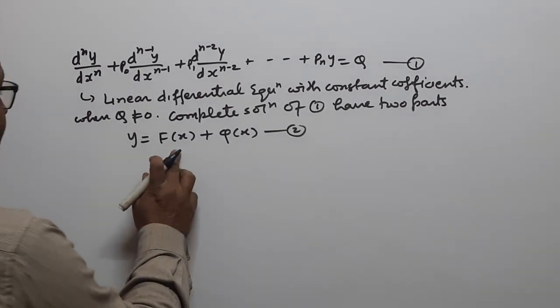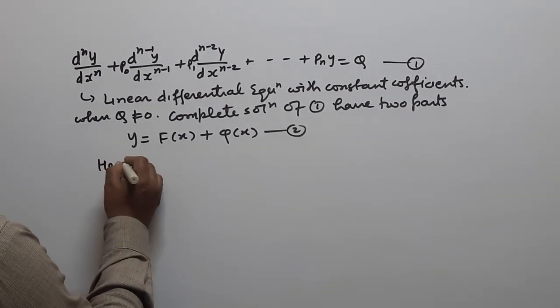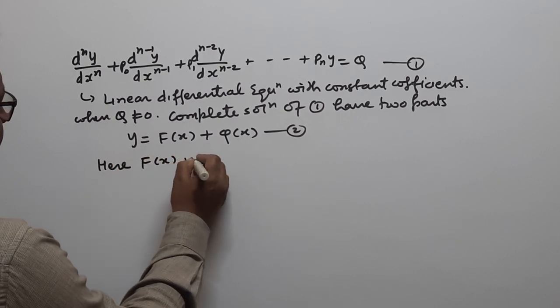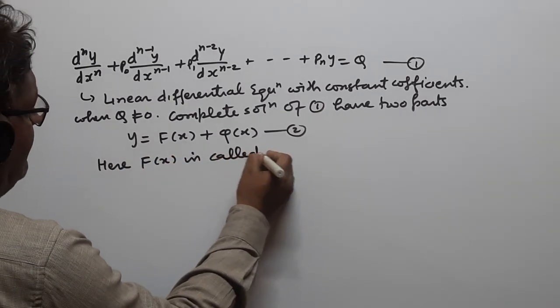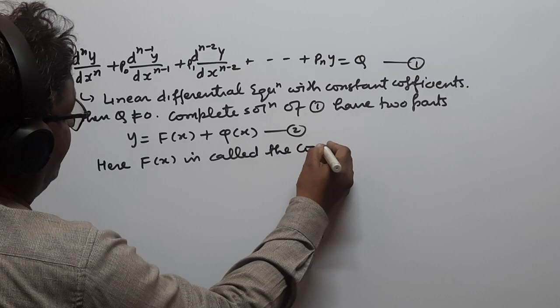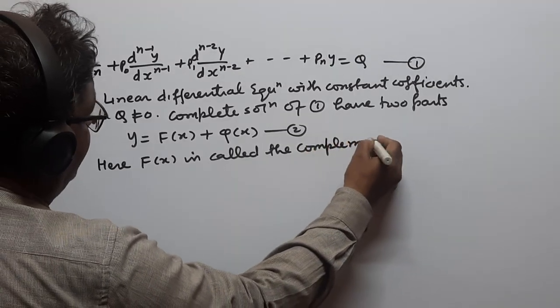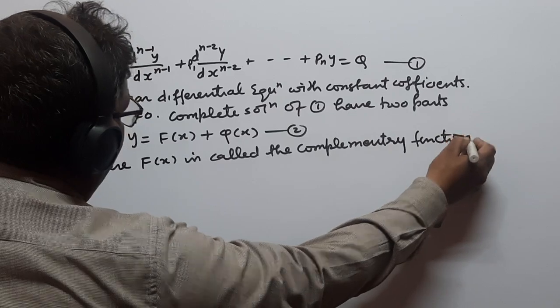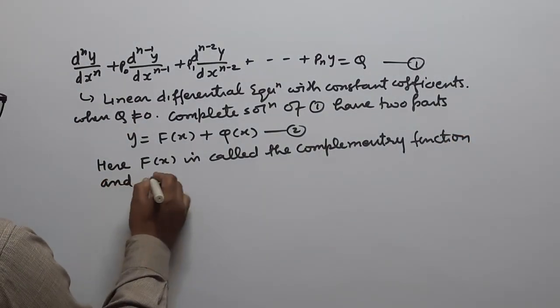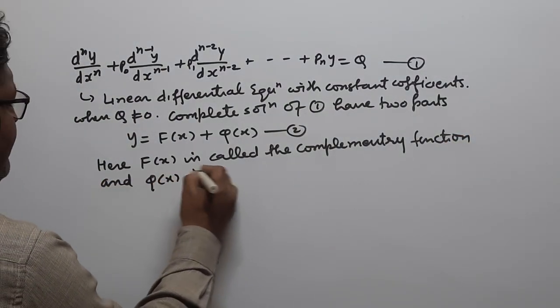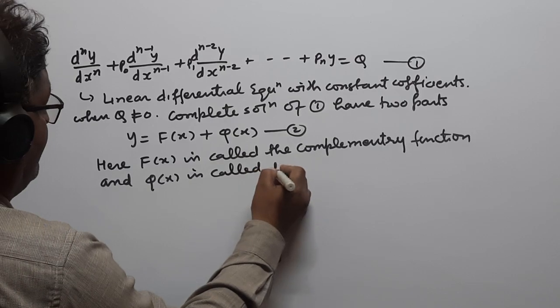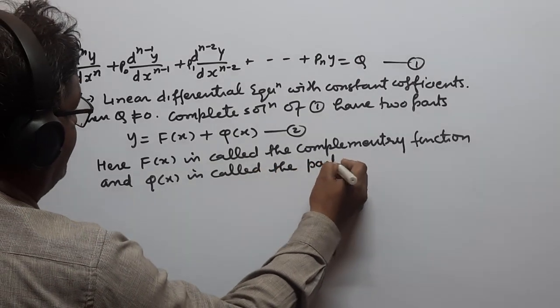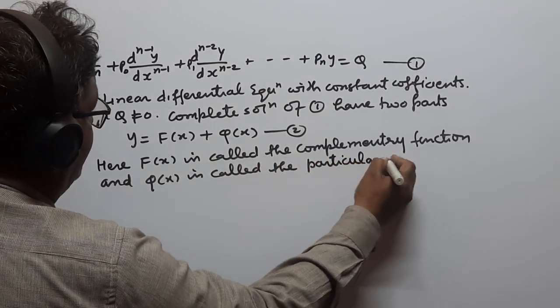Here f(x) is called the complementary function, and phi(x) is called the particular integral.